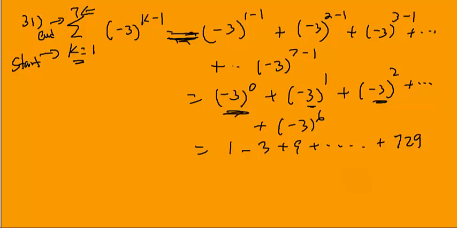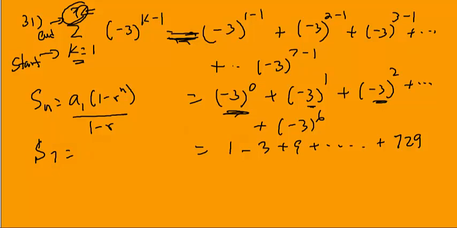Well, that's a long way of doing it. Since we have a formula, S sub n is equal to a sub 1 times 1 minus r to the n, all that over 1 minus r. Since I'm adding 7 terms, I'll call this S sub 7 is equal to a sub 1. We do have to find the first term, which is 1, and then 1 minus r. And what's the ratio?